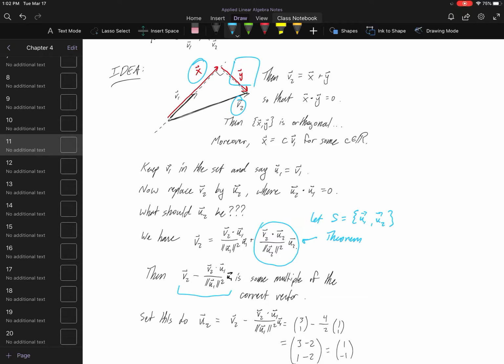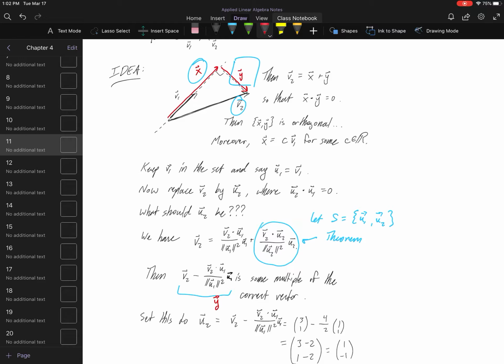Think of it as v2 minus this x vector, the thing that's left over has to be this other side of the right triangle, the other leg. So this is in some sense acting like the y vector in that picture.